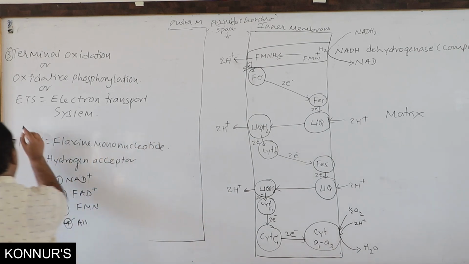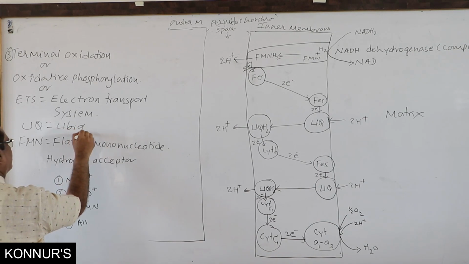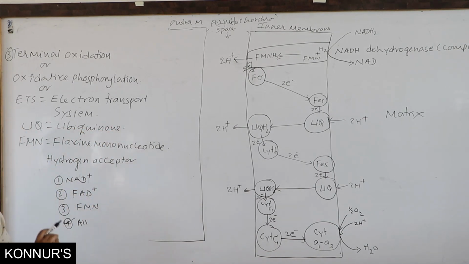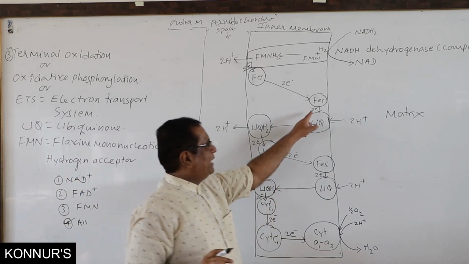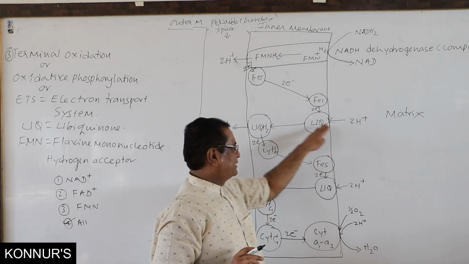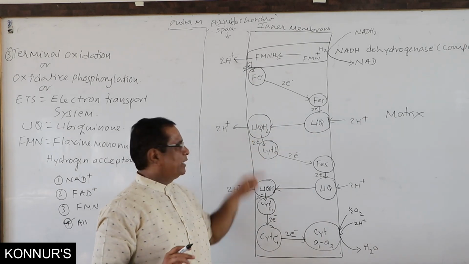UQ means ubiquinone, and this ubiquinone gets those two electrons and two protons from the matrix. Now it gets reduced into UQH2, reduced ubiquinone.